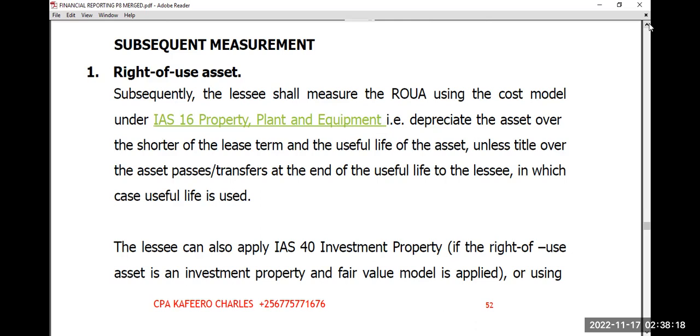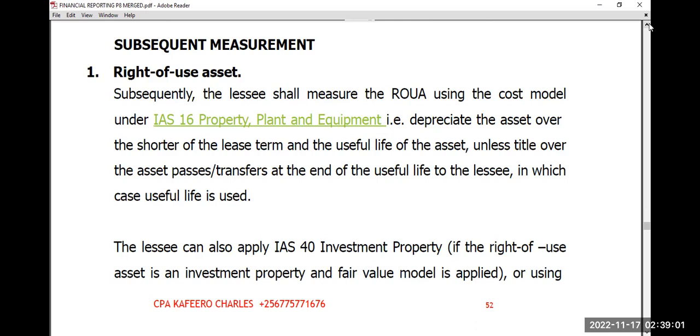One, whether the lessee is going to acquire the ownership of that asset at the end of the lease term. If the person is not going to buy that very asset, then we depreciate that asset over the shorter of either the lease term or the useful life.